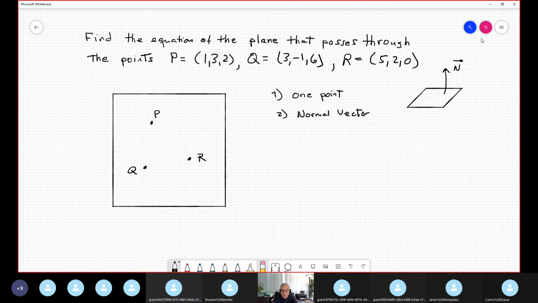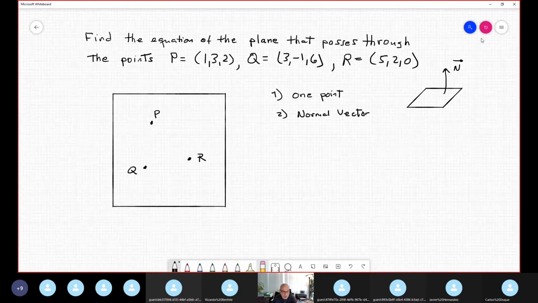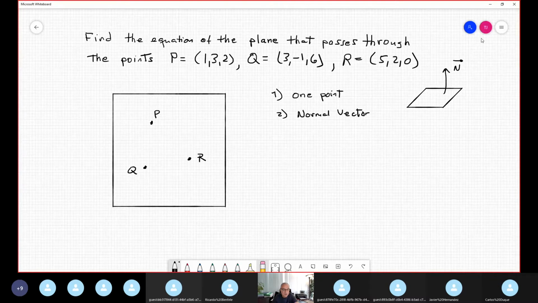So we need 1 point and we need a normal vector. Can somebody help me understand how you find the normal vector? Normal vector is a vector. This is a plane, no? Normal vector is a vector. For example, it is out of the whiteboard or into the whiteboard. You have two possibilities for the normal vector.